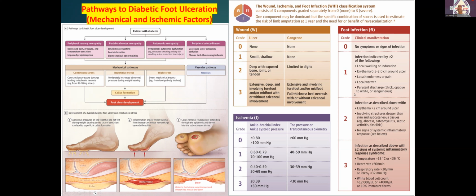And also to determine the level of infection, with erythema of 0.5 to 2 cm being level 1, more than 2 cm being level 2, and level 3 when there is significant infection with systemic inflammation and elevated white count changes.